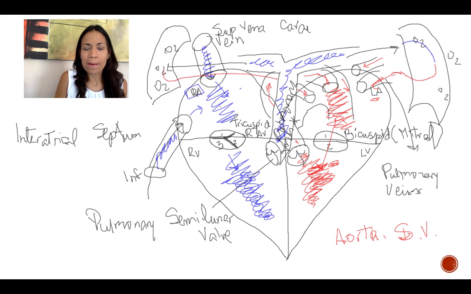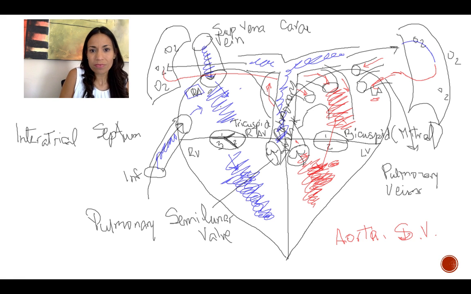Okay? And then we have two more chambers. These are the pumping chambers, the ones that pump the blood out of the heart, and those are the ventricles, the right and the left ventricle, and they are divided by this inner partition called the interventricular septum, okay?